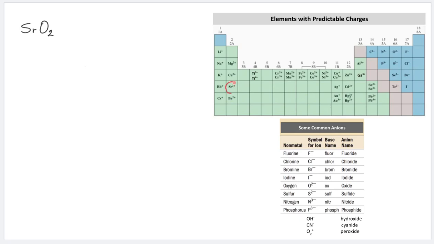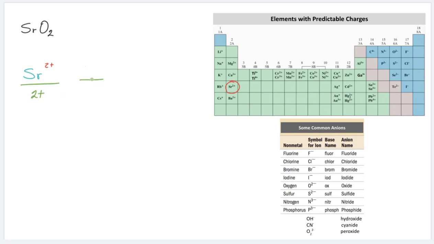Okay, so it's right here, in group number 2. So that means that Sr always is going to be +2. So that means that we have a charge of +2.